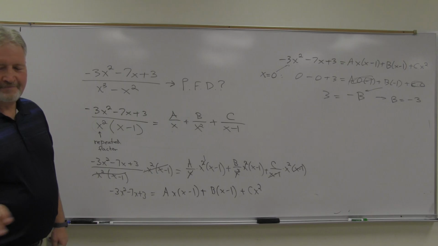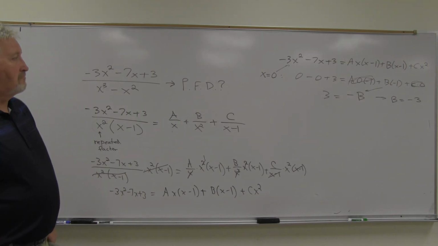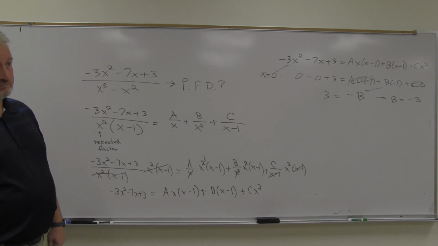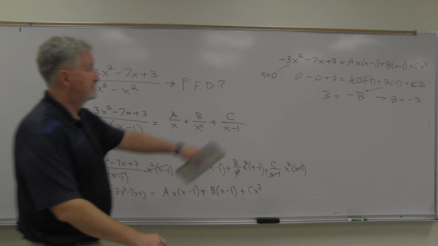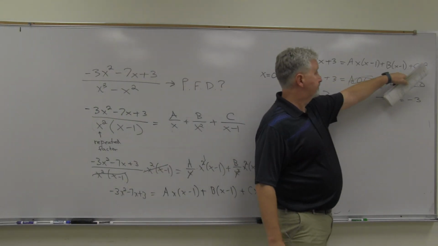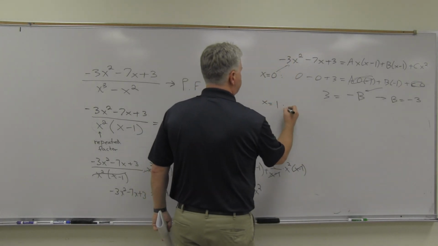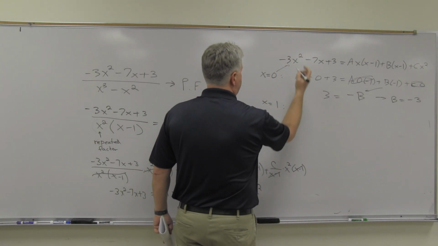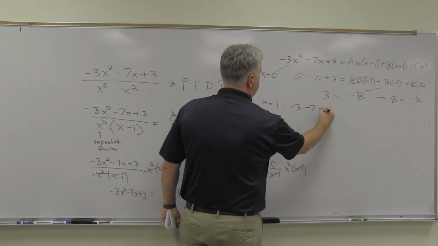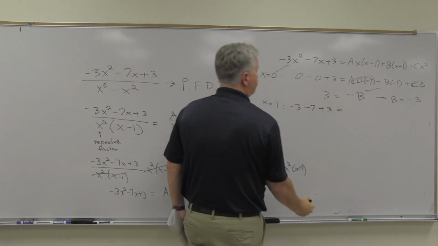Now what? What will be a good choice for the next one? Well, I've got an x minus 1 factor, so x equals 1 makes that one go away. So if x equals 1, that's going to be negative 3 minus 7 plus 3 on the left.